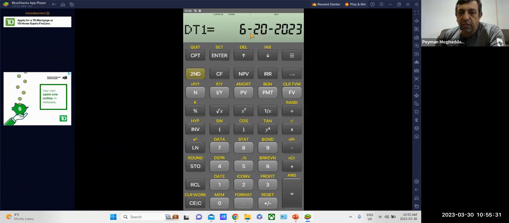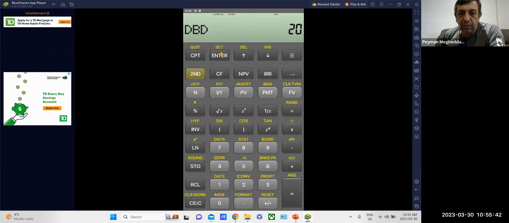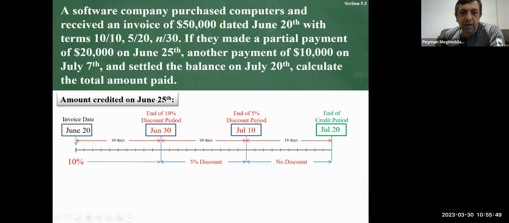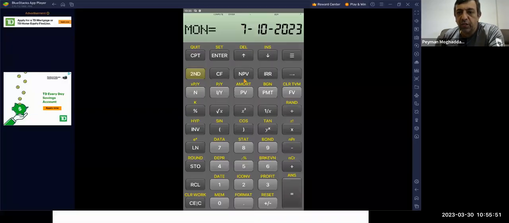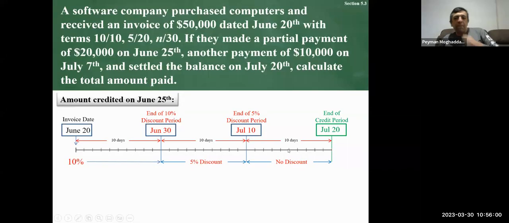So June 20, 23, and DBD is 20. Go to date 2, and the answer is Monday, July 10. And then 30 days after June 20, we enter 30 and get July 20. So we made all those dates.